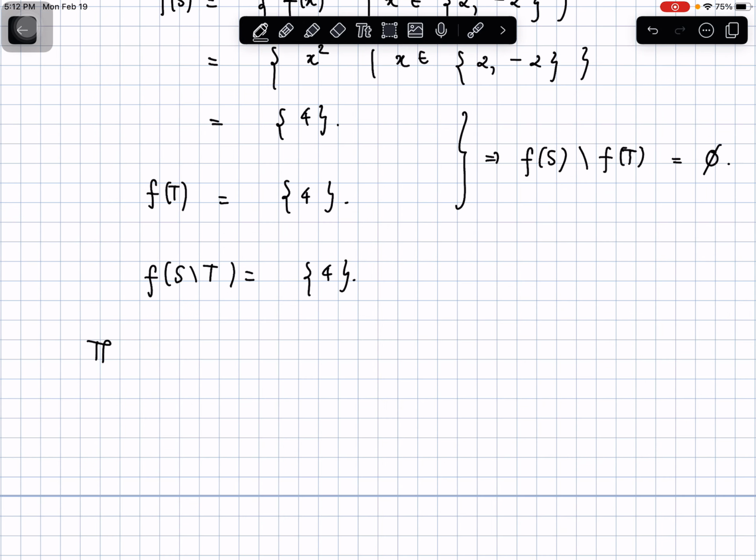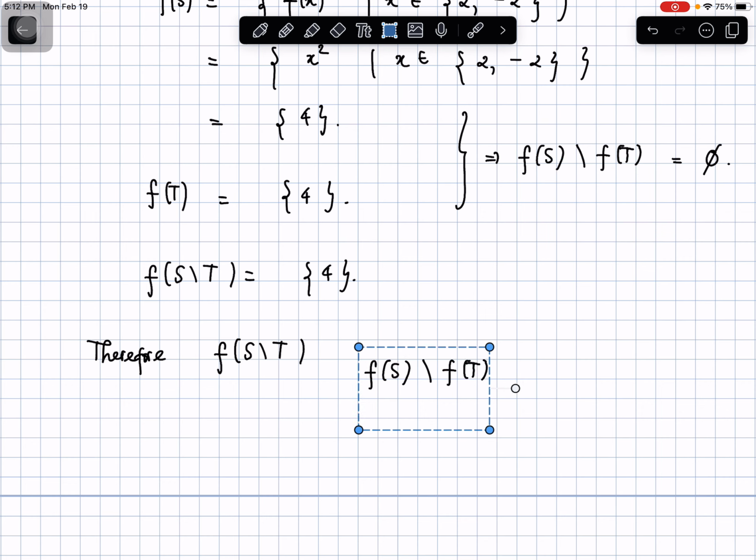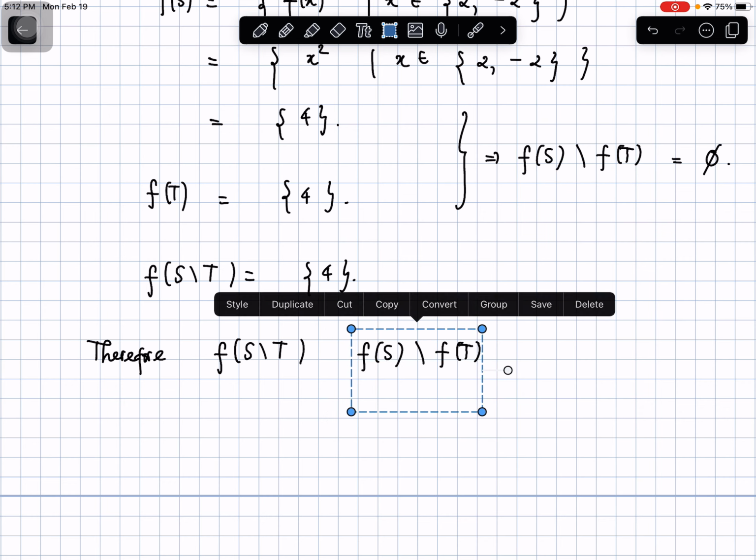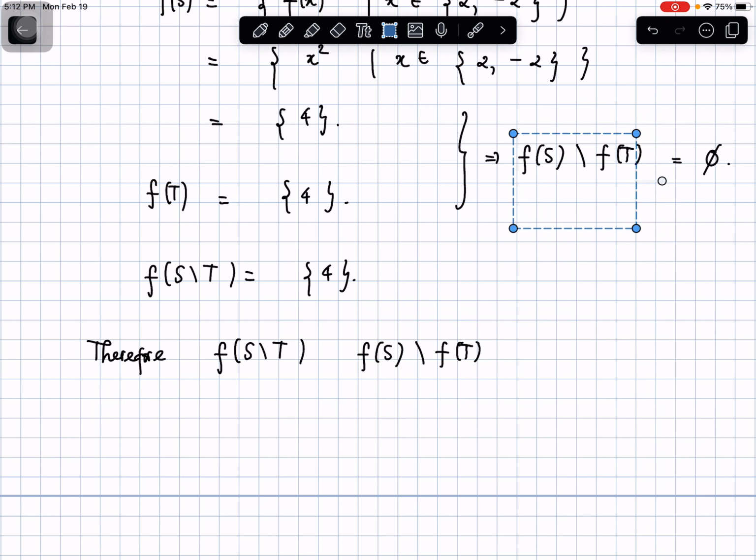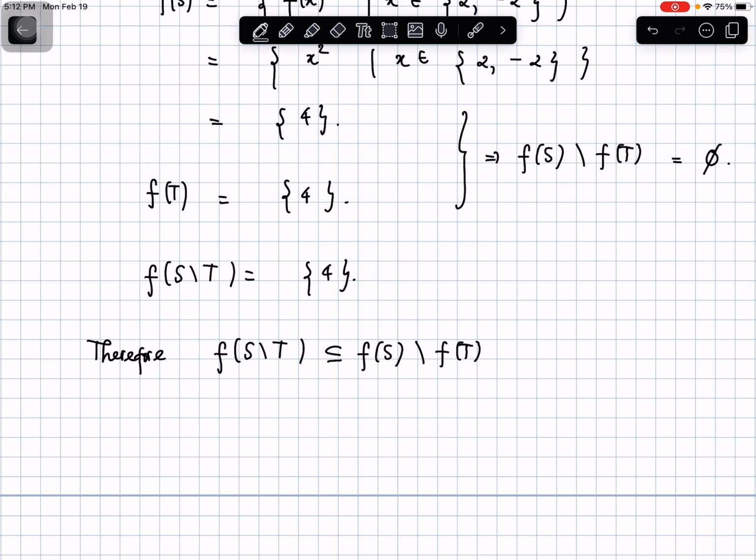Therefore we see that this set is not a subset of this set, because {4} is not a subset of the empty set.